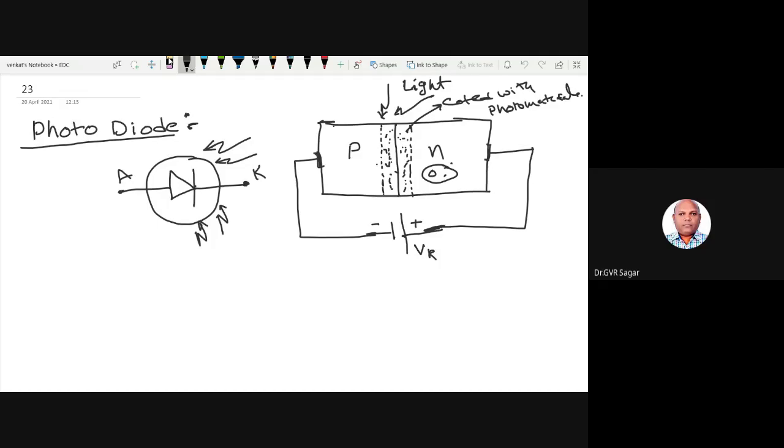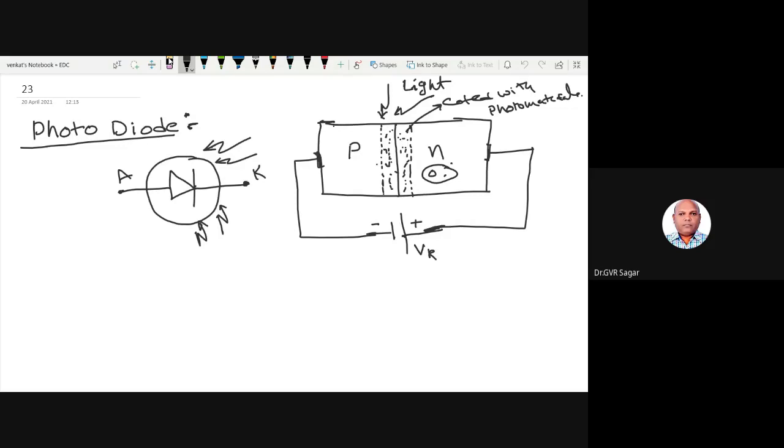The more intensity of light you concentrate on this glass region, the more photon energy is transferred to the electrons, and more cumulative processes happen here. These cumulative minority electrons or minority holes cross the junction, which constitutes a current or a voltage.